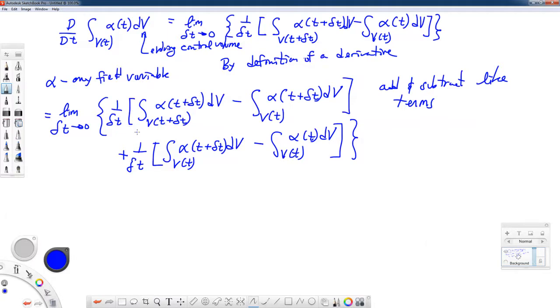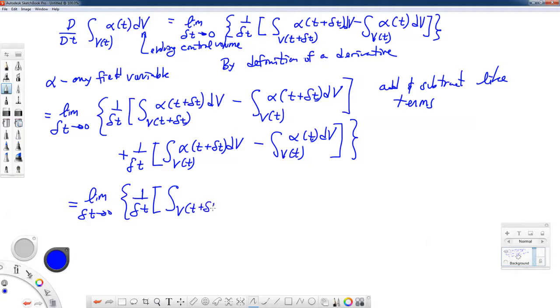Now let's look at these in pieces. So the first one I'm not going to do anything with right now. I'm just going to rewrite it down. I'm going to have the limit as delta t goes to 0 of 1 over delta t, square bracket. I'm going to rewrite it just a little bit differently looking. It's the volume at t plus delta t.